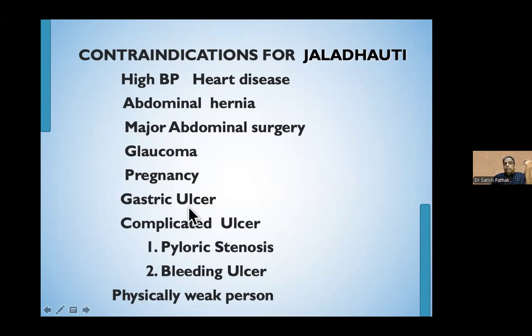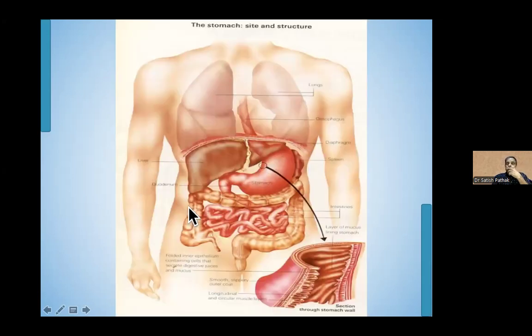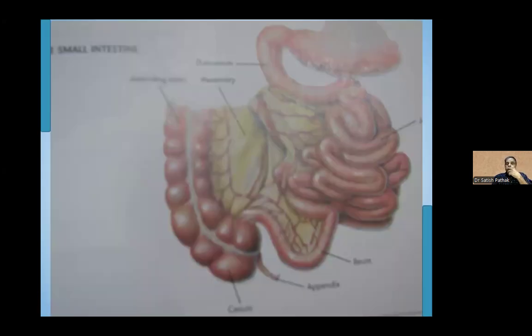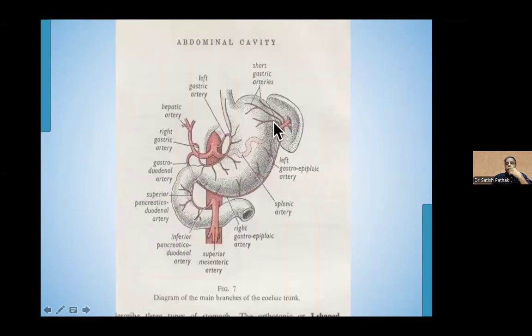Then coming to the gastric ulcer. Now this is the stomach. Peptic ulcer is classified into two. One which is in the stomach is called gastric ulcer, and one which is in the duodenum is called duodenal ulcer.